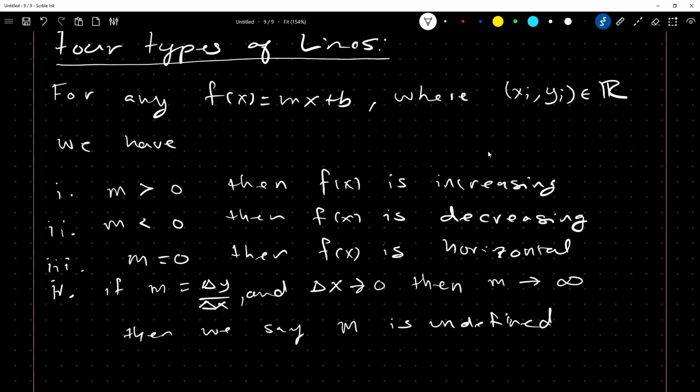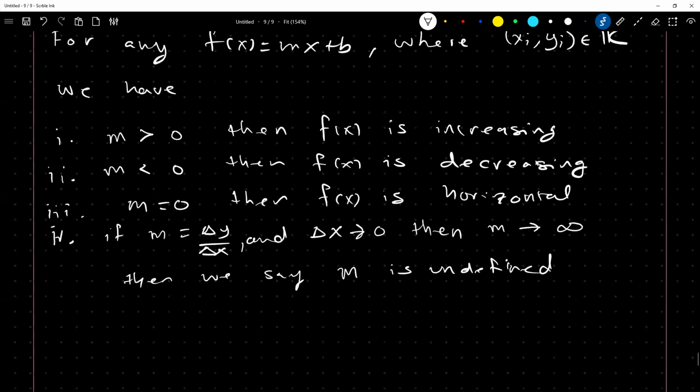I think I just thought of a better way to say this. So this will certainly be true: if this is our slope and delta x is going to 0, then m goes to infinity.